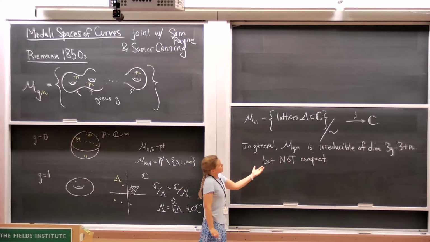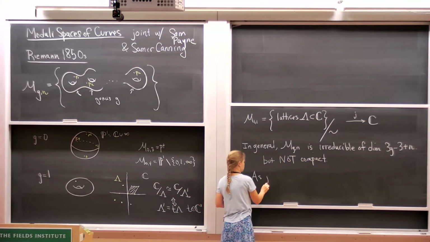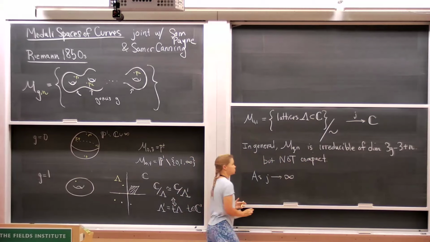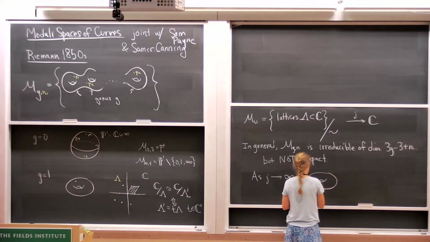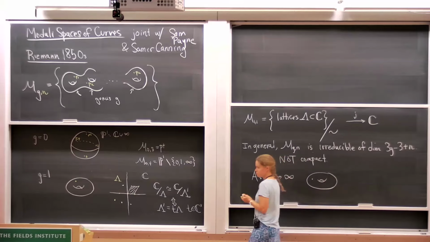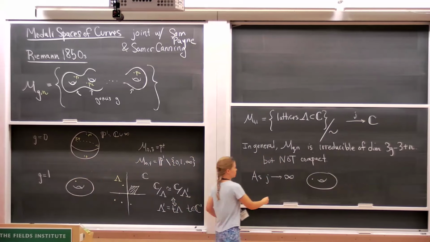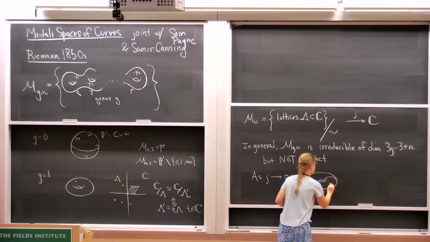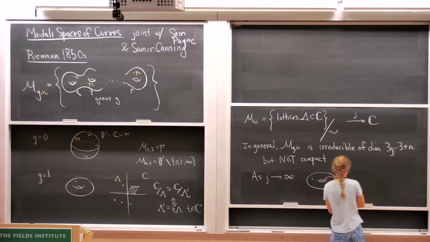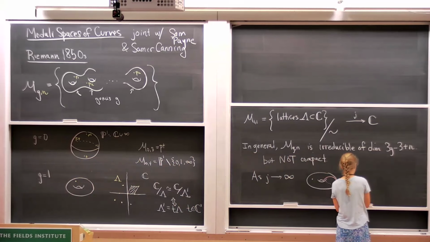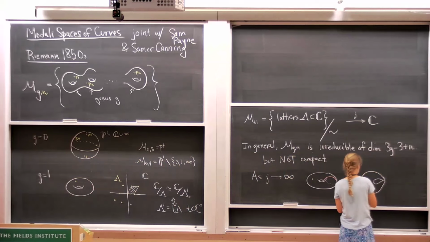So you might wonder, well, what happens in this picture as I send the J invariant to infinity? As I do that, there's going to be some loop on this genus 1 curve that is going to start shrinking down to a point until, in the limit, I arrive at this singular curve here.